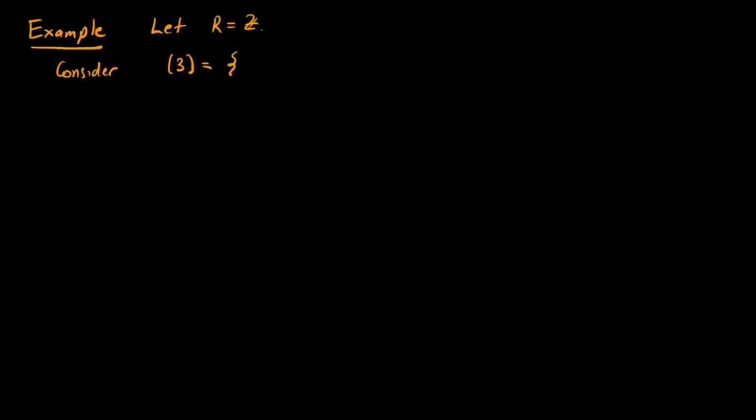Well, this is just the set of multiples of 3 in Z. So it's the set of elements of the form 3r, where r is in Z. And the thing you might notice is, we already gave this a name. We called this 3Z. So this is an ideal of Z. Okay, so this is a pretty straightforward example. In general, the ideal generated by n is just nZ. So we're really just giving nZ a new name in the case of the integers.